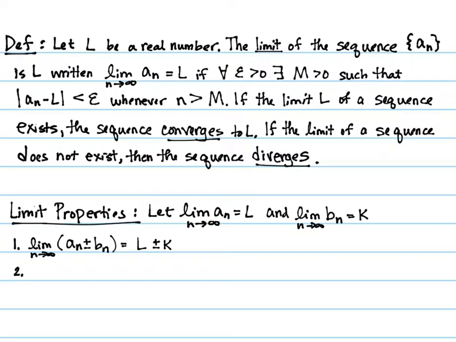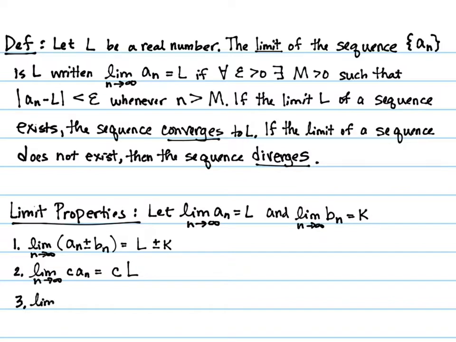The second one talks about a scalar multiple. If we have the limit as n goes to infinity of c times a sub n, then the c, that is the constant, simply gets multiplied by the L. It almost feels like this c is coming in front of the limit, so you just have c times L. The third one is multiplying them together.